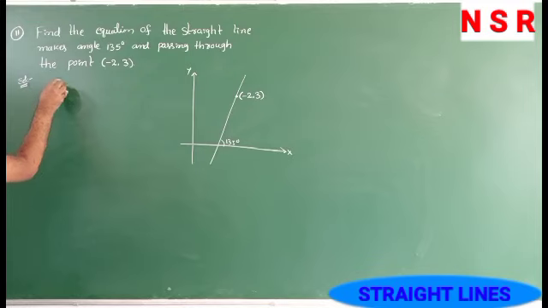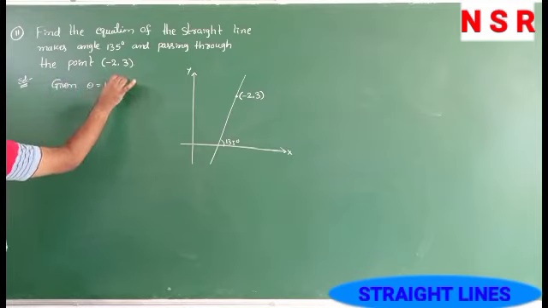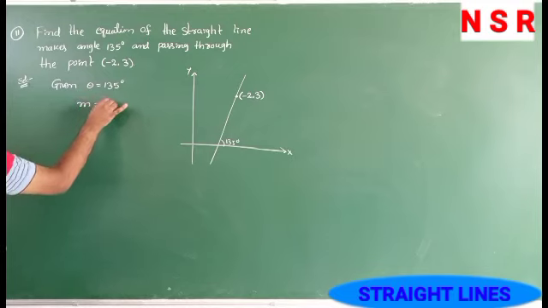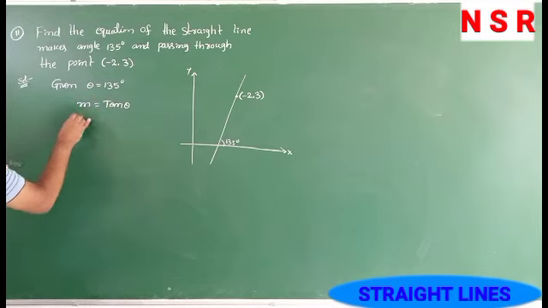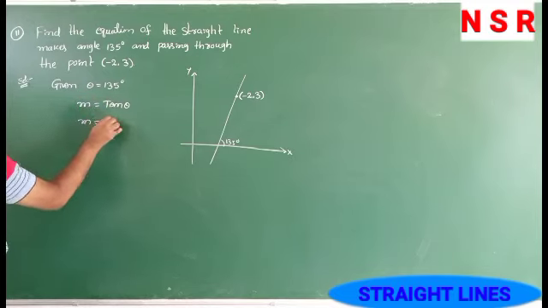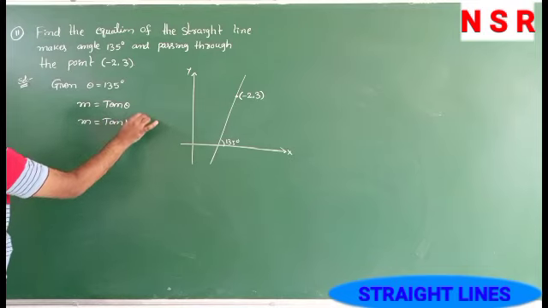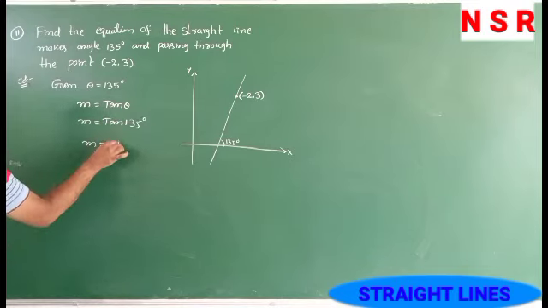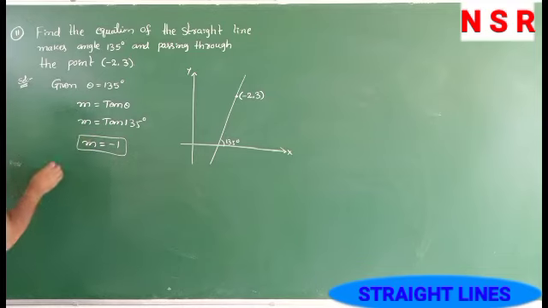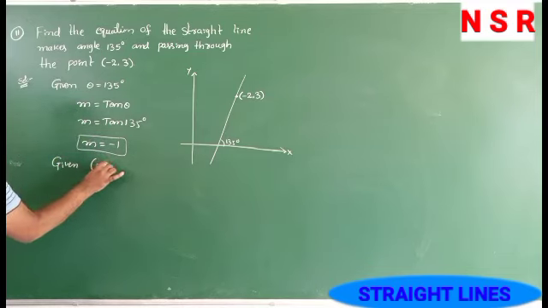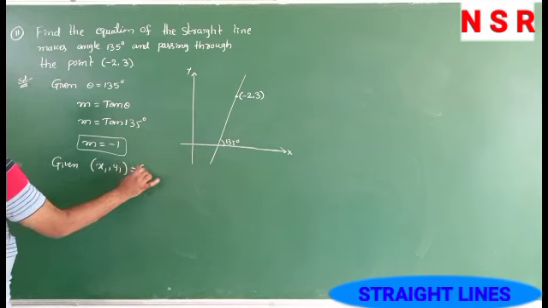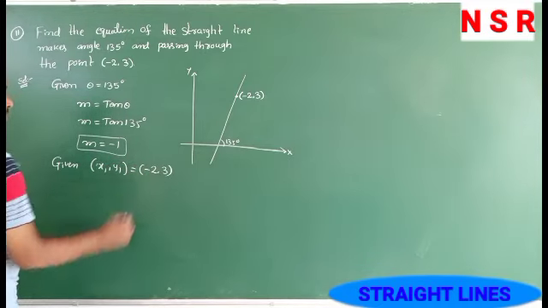Given theta is equal to 135, you know the formula m is equal to tan theta. So m is equal to tan 135, and the value of tan 135 is minus 1. So we get the slope, and also the given point x1 comma y1 equal to minus 2 comma 3.